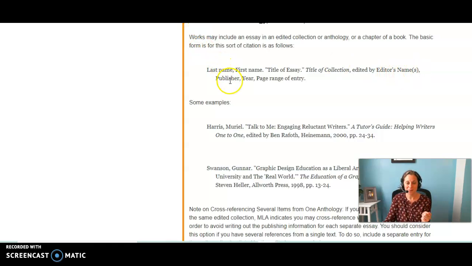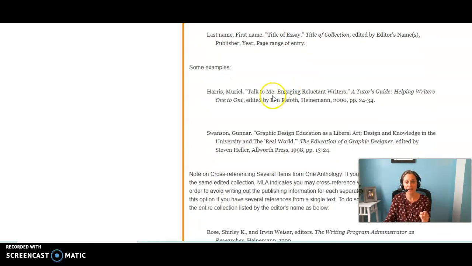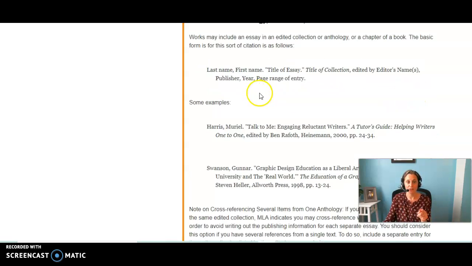Comma, the name of the publisher, comma, the year it was published, comma, and then the page range, okay? And so here's an example of that. And for the page range, you do lowercase p p, period, and then the range, and then a period at the end. So when you're citing any of the essays from our book, this is the one to use.